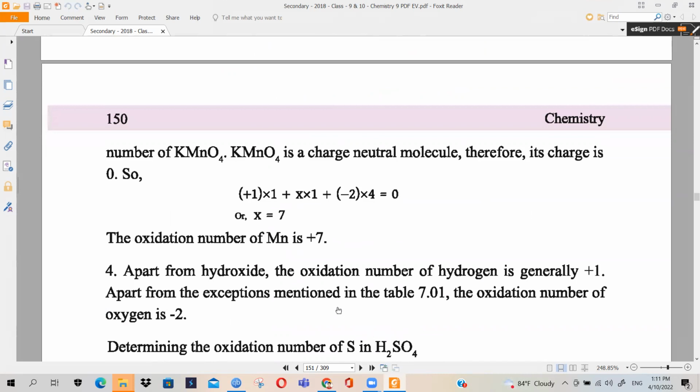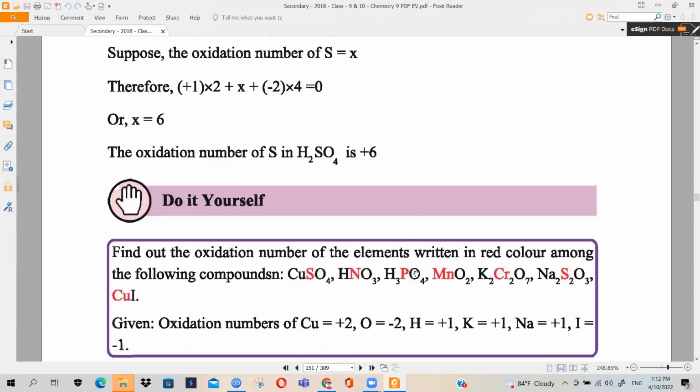H2SO4. Plus 6. Yes, plus 6. You're correct. All right, so that's good.